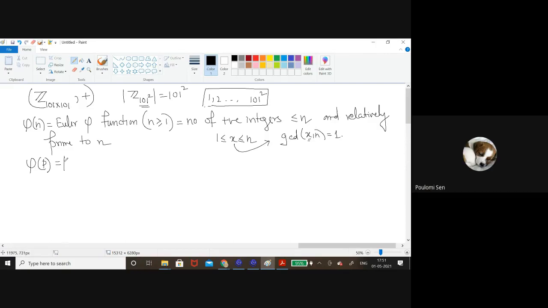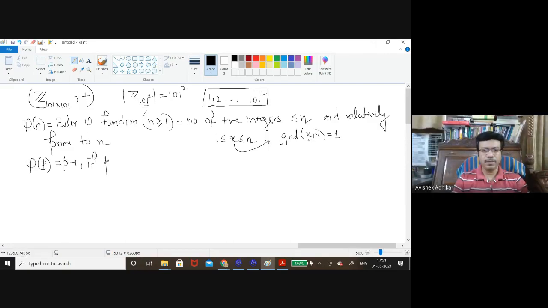P minus 1, if p is prime. Very good. Now, if I ask you what is phi of p to the power n, where n is greater than or equal to 1, we need to count that. How to count this? What is phi of p to the power n?